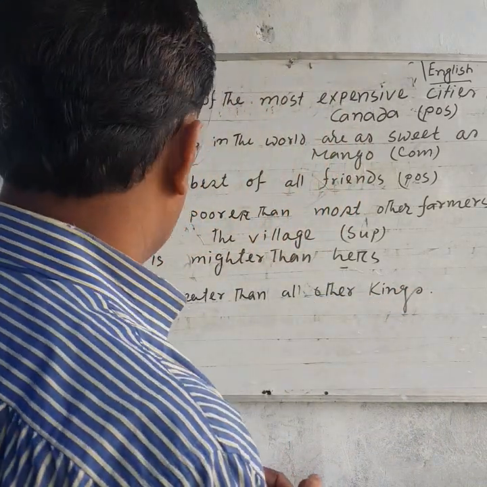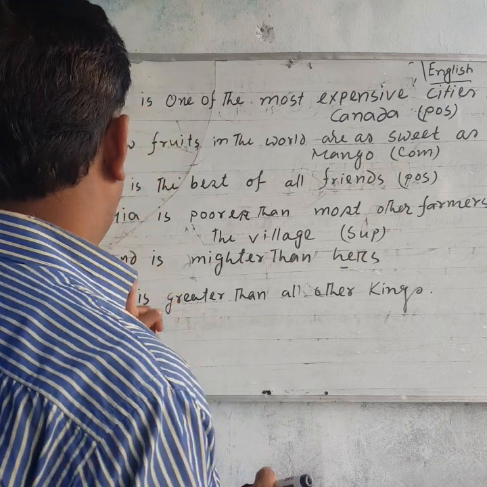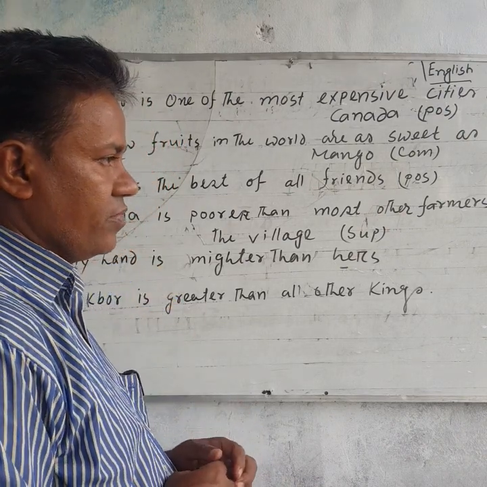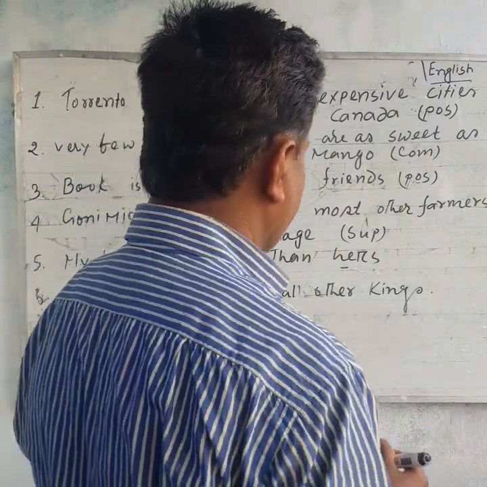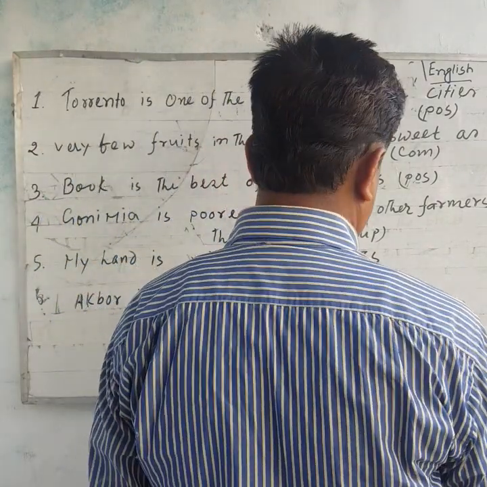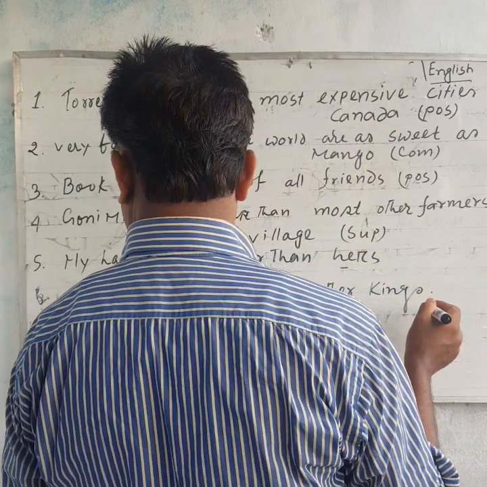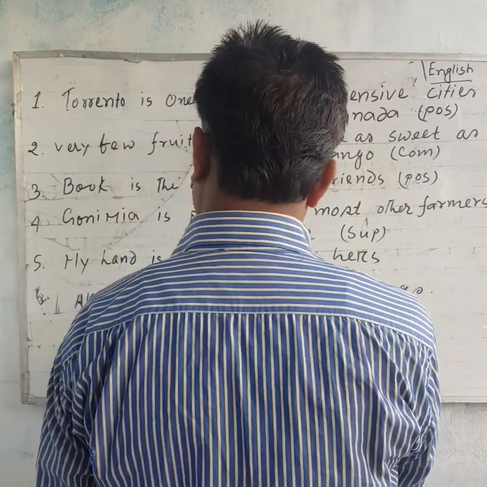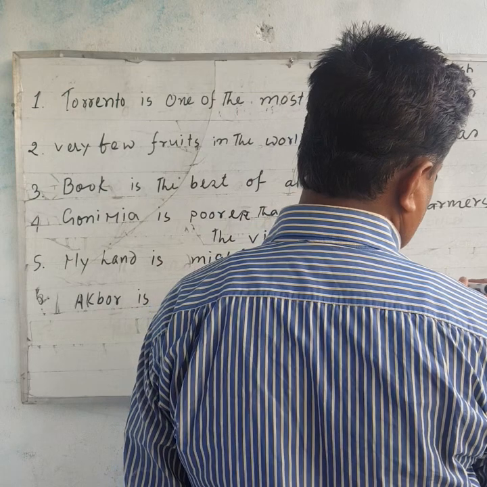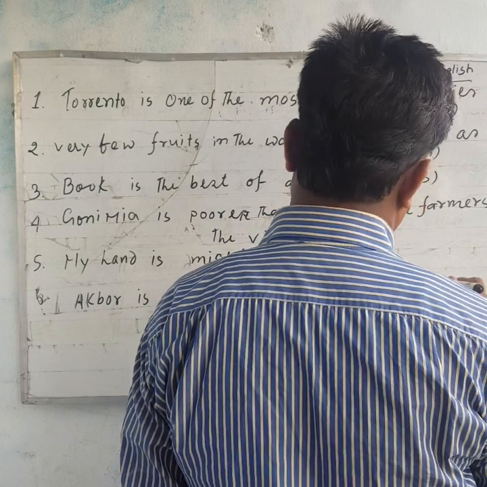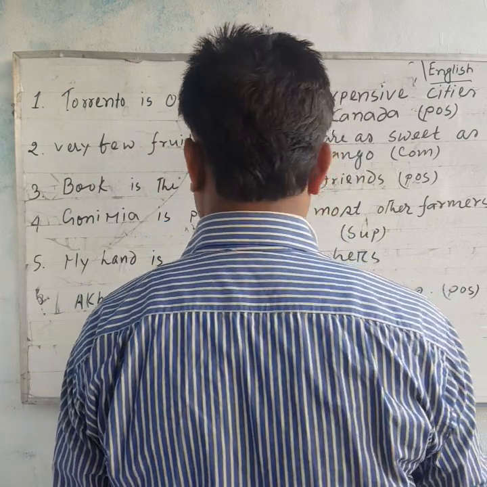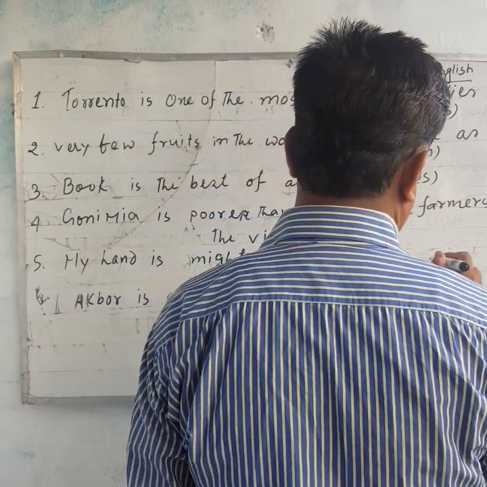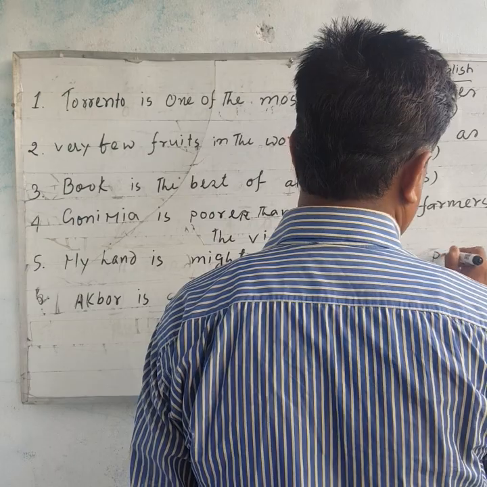I have given here six sentences. You will turn them into the mentioned degree. Here is the mentioned degree. It will be changed into greater, that means positive. It will be mightier than, it will also be positive.